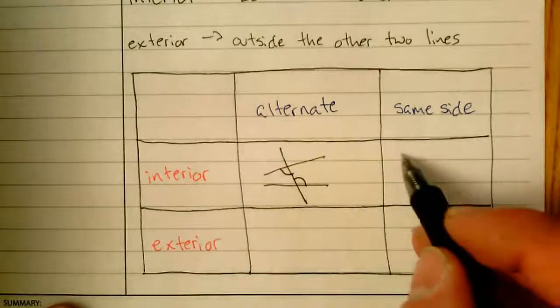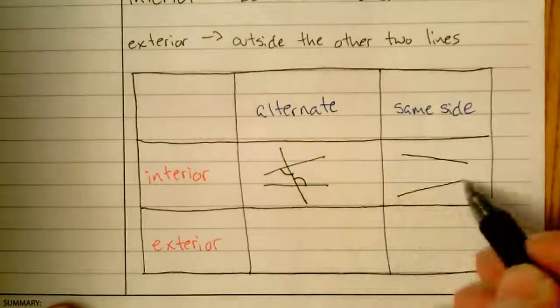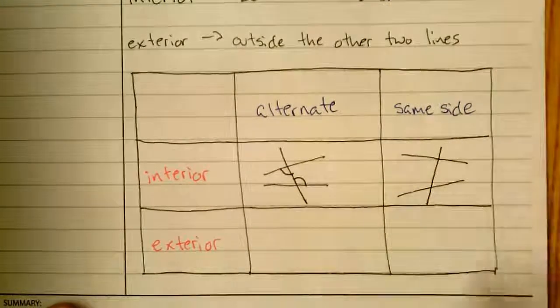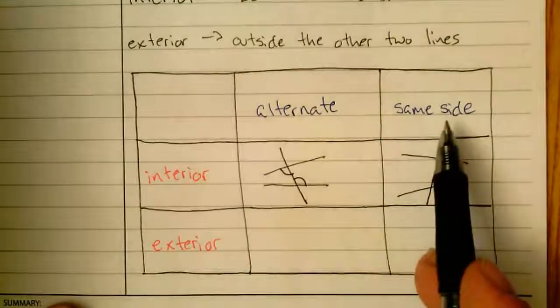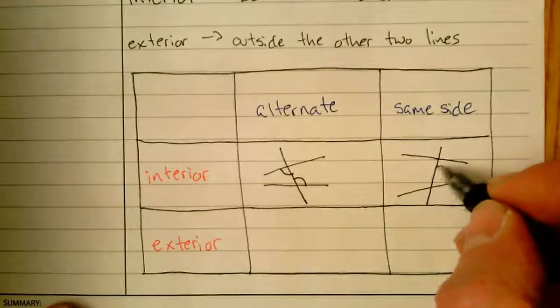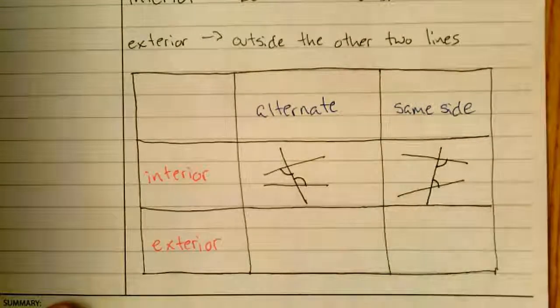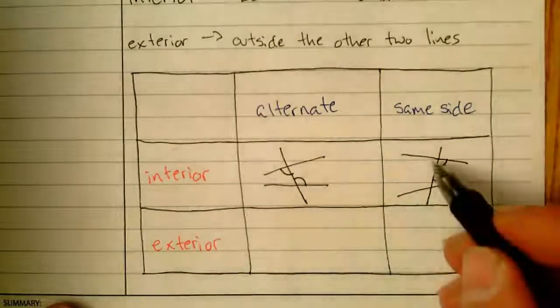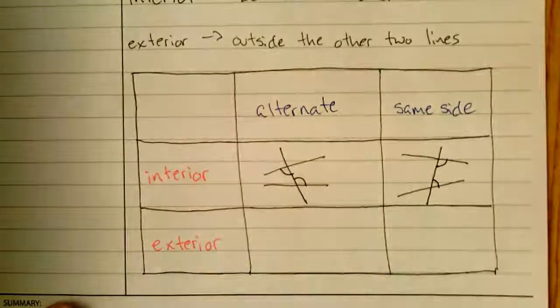Here we have same side of the transversal in between the two lines. So that would be here. That would also technically be over on this side as well, but I don't want it to be too confusing.